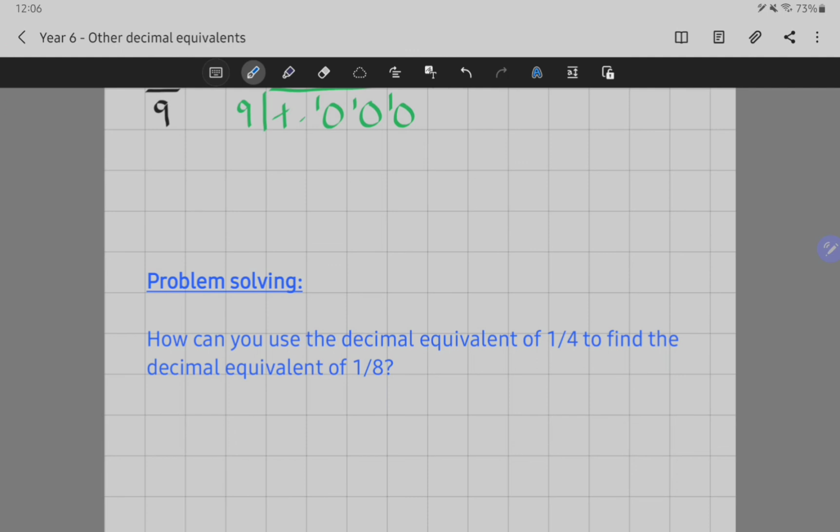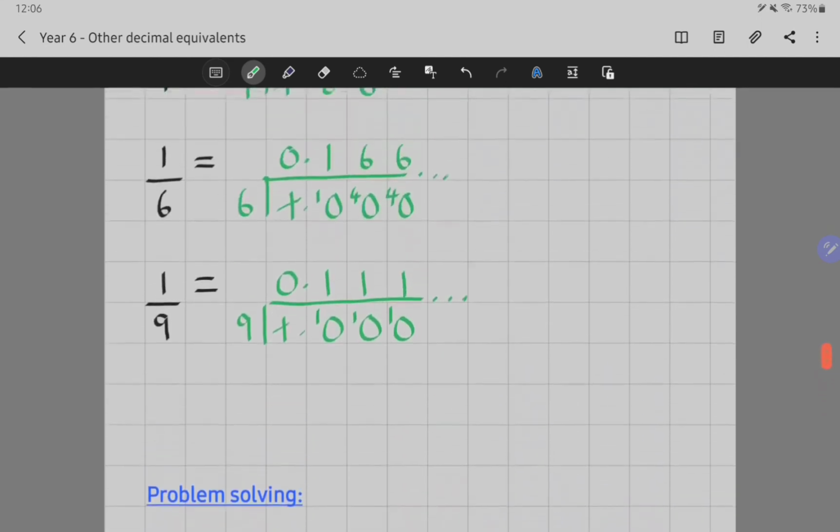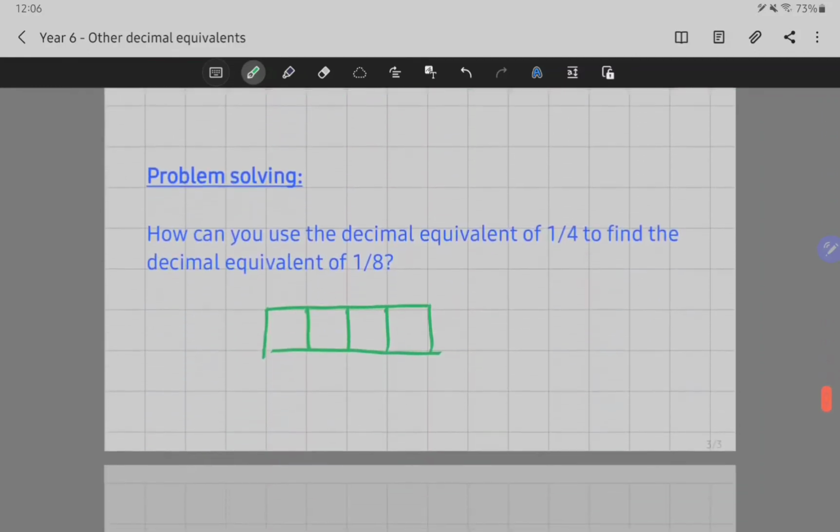Right, how did you get on? So, using the decimal equivalent of 1/4 to find 1/8. It might have helped to draw a diagram. So for example, here are my quarters, my ones divided by 4. And I know that each of these boxes is worth, from our working out earlier, 0.25.